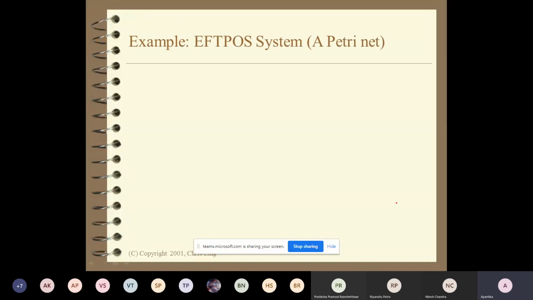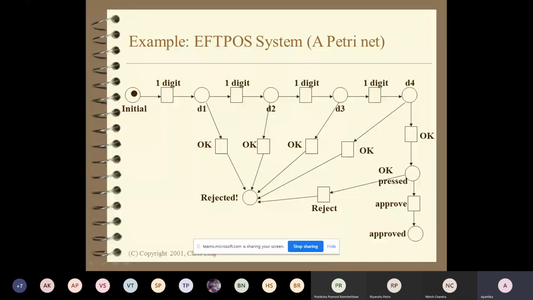So what will be the equivalent Petri net modeling of this scenario? See, this is the initial state. When we consider the places and the token, these are basically our states, and these parts are the events.